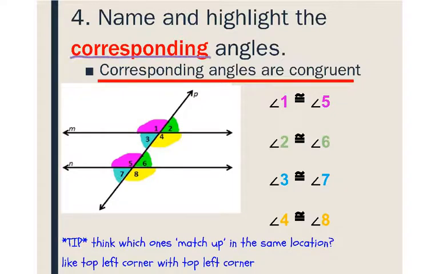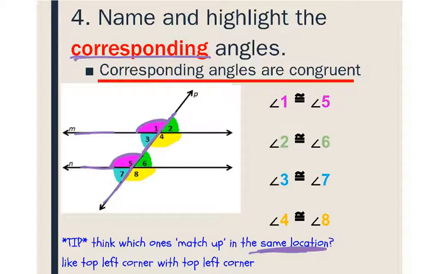Next one I'm going to talk about is corresponding angles. Corresponding sounds like a big word, but think same location on a different parallel line. So for example, if I'm looking at angle 1 here in pink and angle 5 here in pink, they're on a different parallel line, but they're in the same position with respect to your transversal.